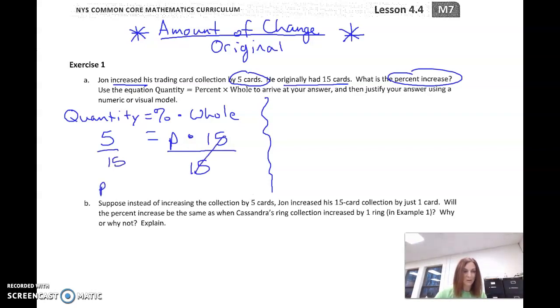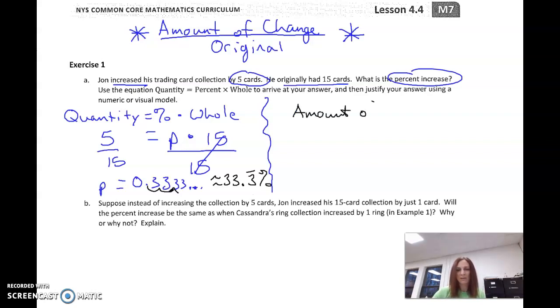Okay, and I'm going to kind of switch things around here. I get P equals 5 divided by 15, which ends up being 0.3333 dot dot dot. So if we want to make that into a percent, we move it 2 places to the right, and it's about 33.3 repeating percent. Okay? But now what if we do our amount of change? What if we do this formula? Amount of change divided by original.